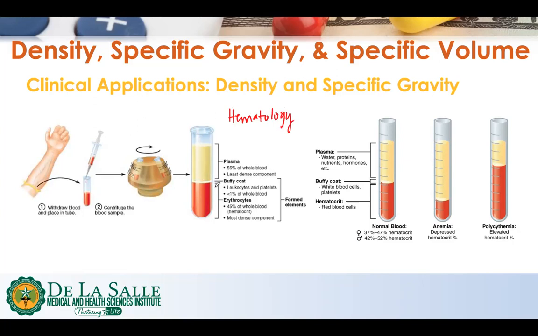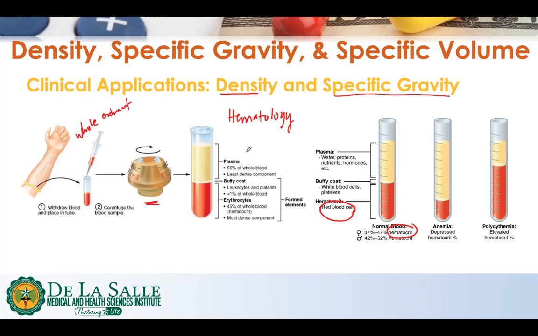Now, in order for us to get an idea of a person's hematocrit level, or the amount of red blood cells, we need to centrifuge whole blood, which is extracted from the patient. Because of the differences in the density and the specific gravity of the different components of blood, we can see layers forming after centrifugation.